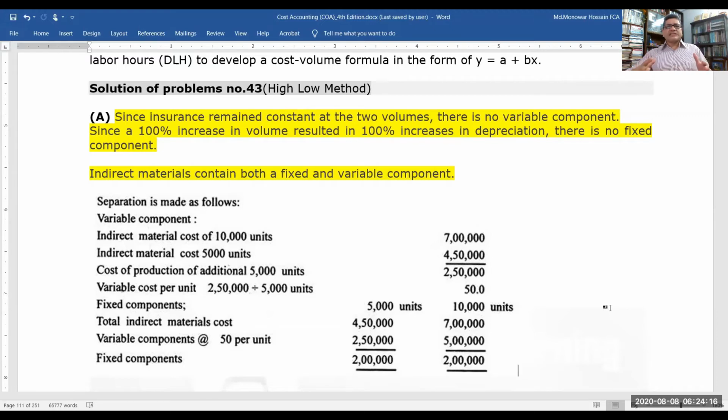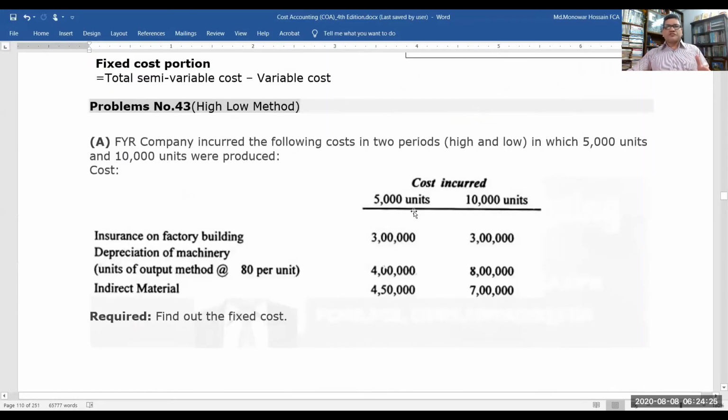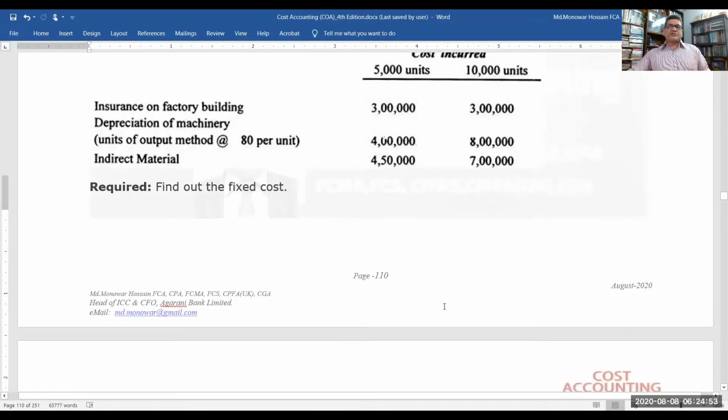And since a 100% increase in volume results in a 100% increase in depreciation, there is no fixed component in depreciation: 4 lakh depreciation under 5,000 units production, and 10,000 units production is exactly double, 8 lakh. So only the indirect material has both variable and fixed components.